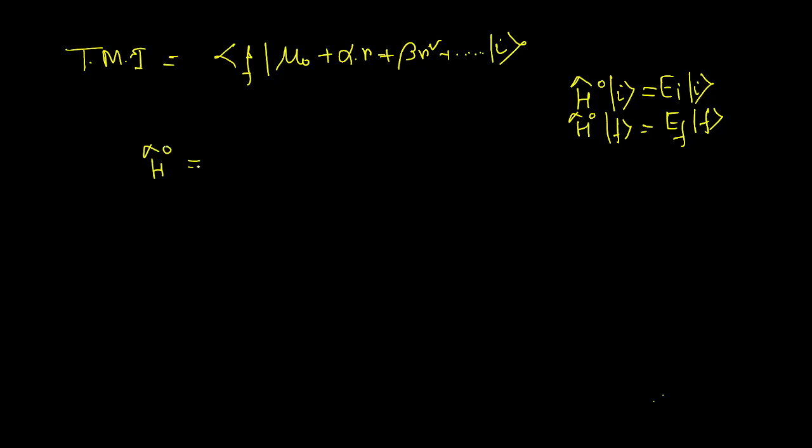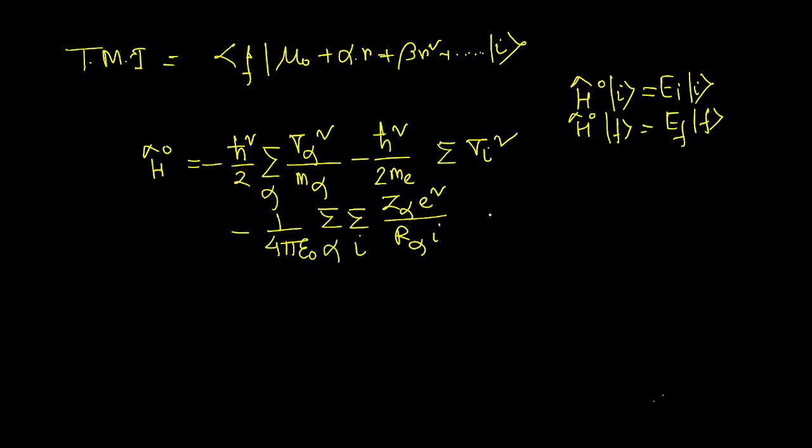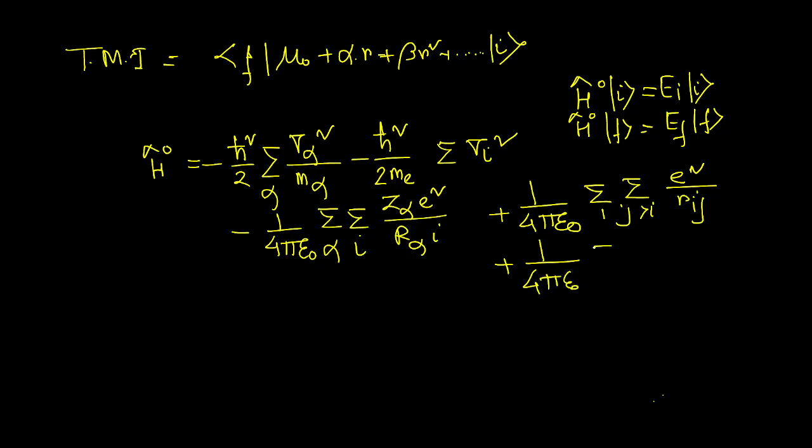So this is nothing but the kinetic energy of the nuclei, kinetic energy of electrons, potential energy or attractive term between nucleus and electron, electron repulsion, and there should be nuclear repulsion, in a polynuclear system you can think.